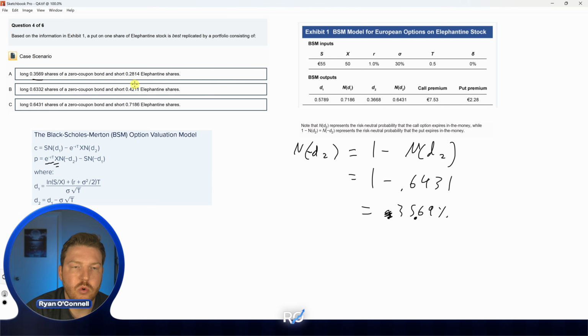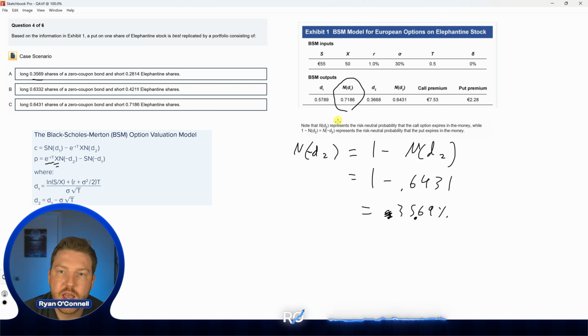And then we need to short a certain number of shares of the stock. So we see right here this minus the underlying price and then N(-d1). So this is like shorting the shares of stock. So how many would we do? Well, we don't have N(-d1), we have N(d1).